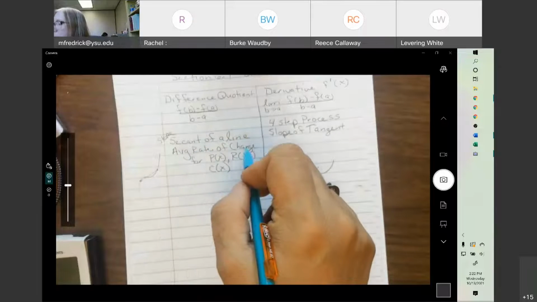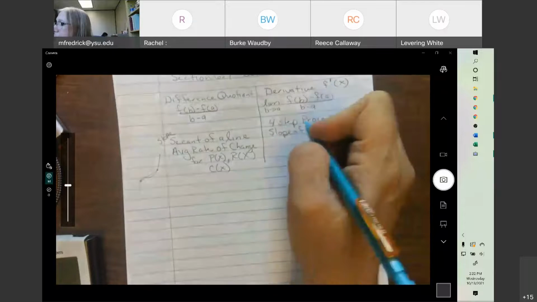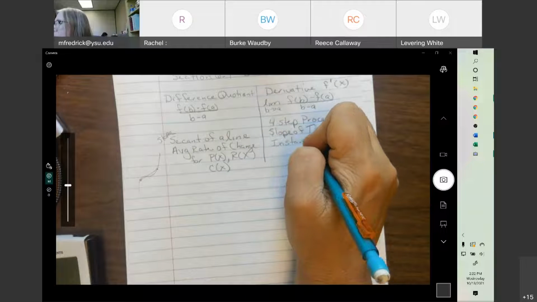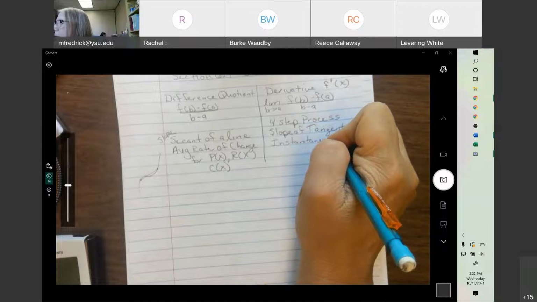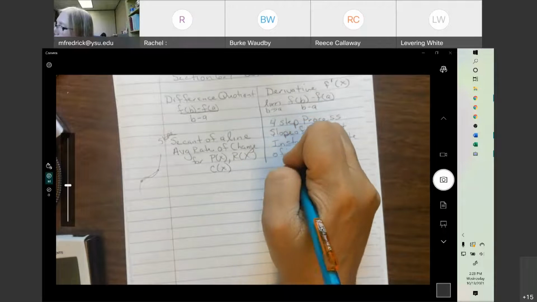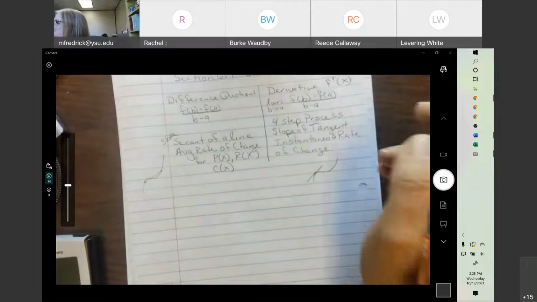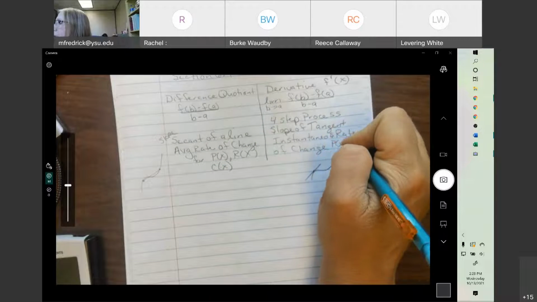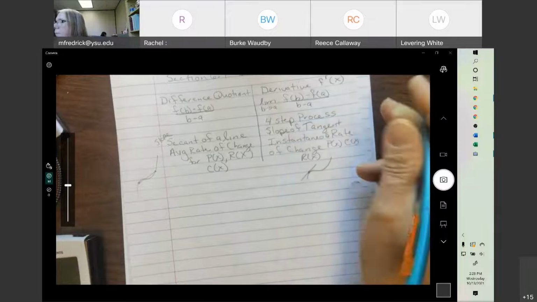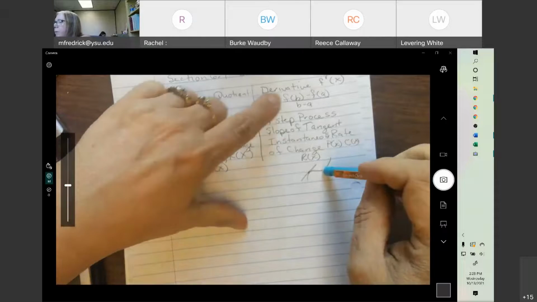So if it says average rate of change, then you're using this. If it says instantaneous rate of change for profit, revenue, or cost, then it uses either the 4-step process or this limit, either one.